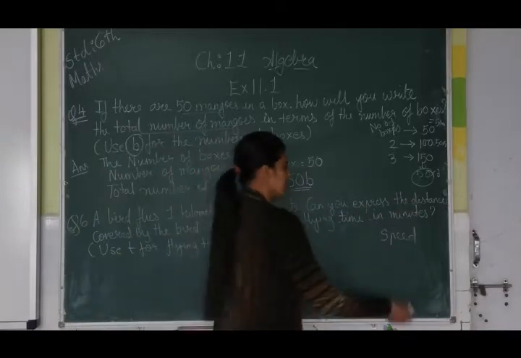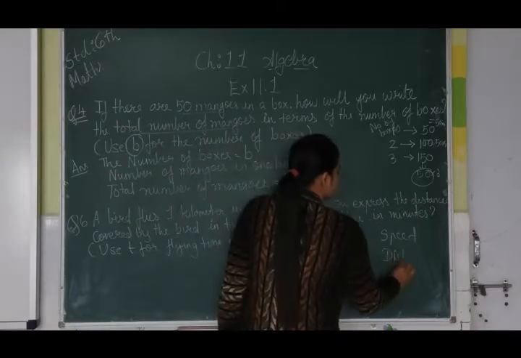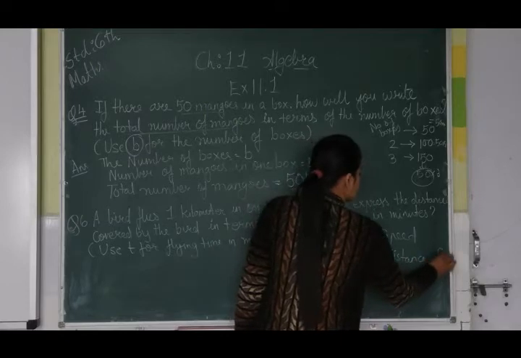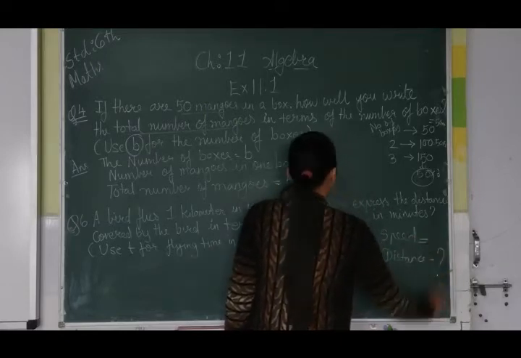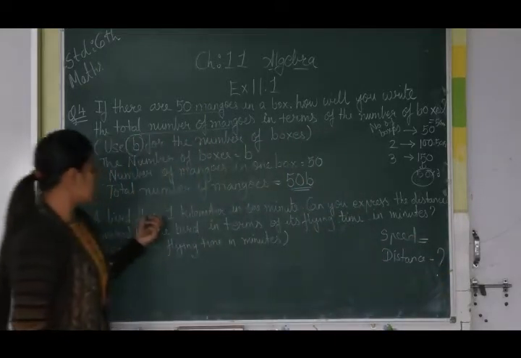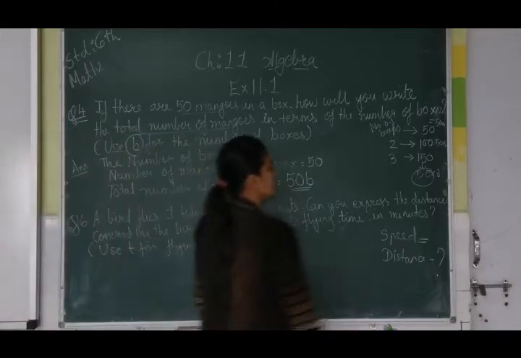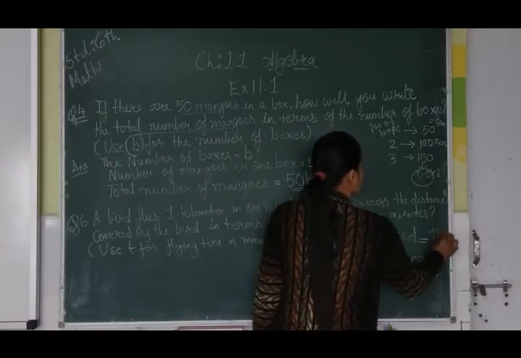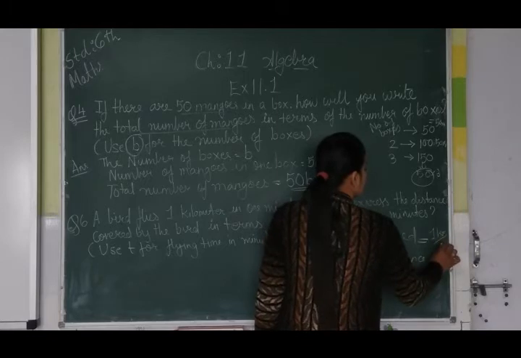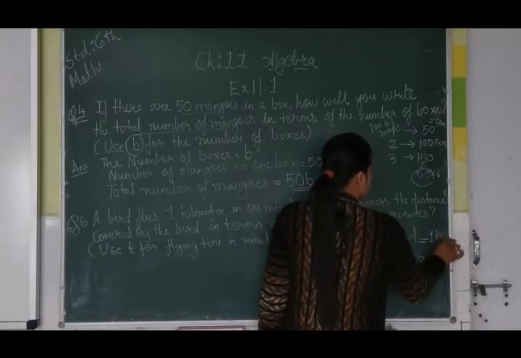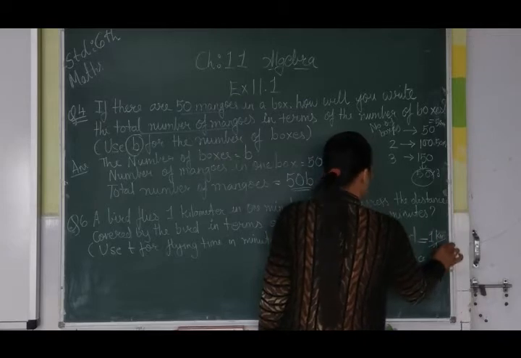We have to find out distance. Distance we don't know. Speed is given: 1 kilometer in 1 minute. Speed is equal to 1 kilometer per minute.